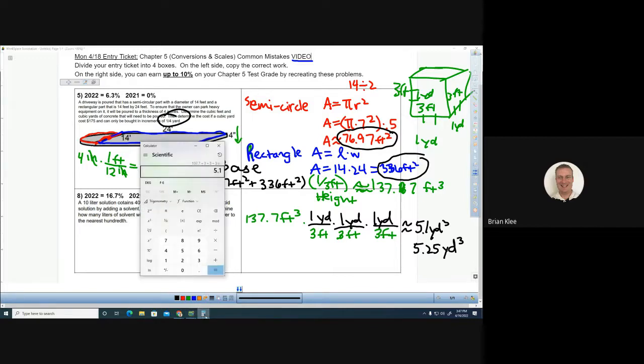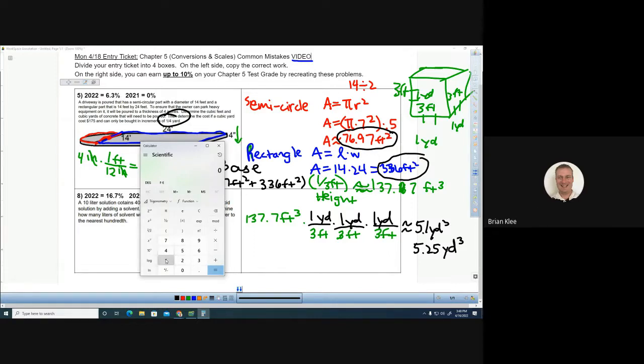Okay. The other conversion, again, I think this should work. 137.7 divided by 3 to the third power is an option. There's our 5.1 because I got 3 times 3 times 3, 3 to the third power.